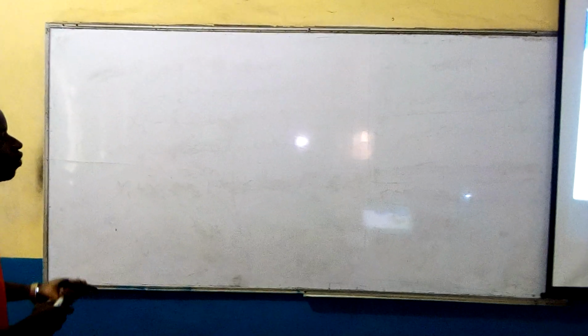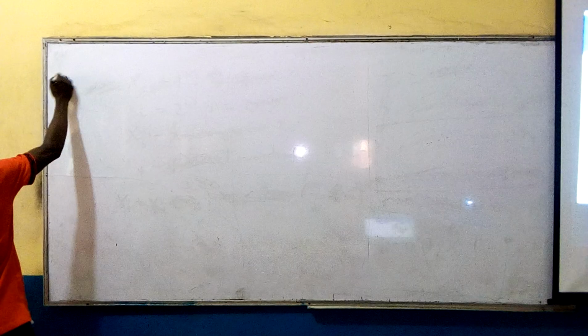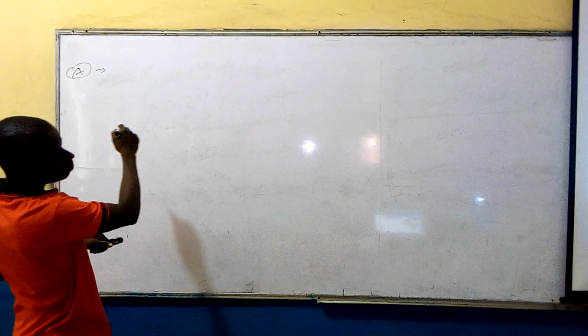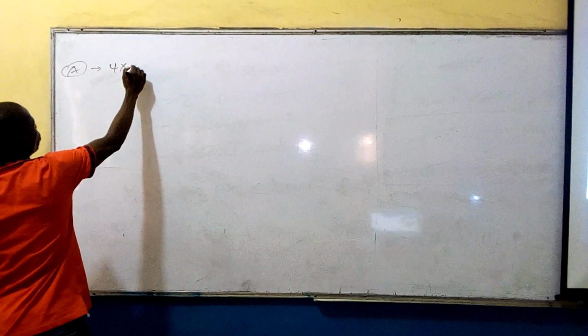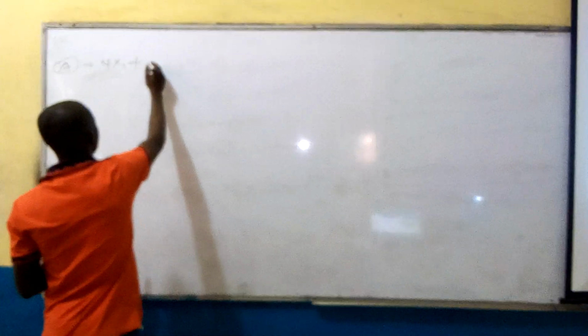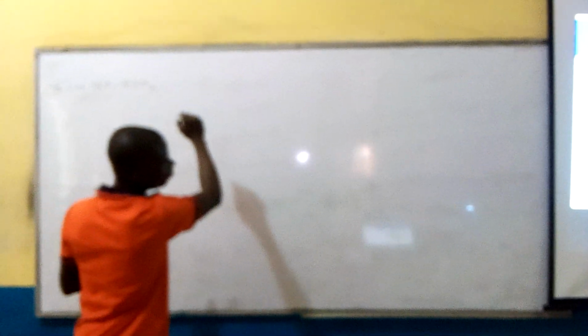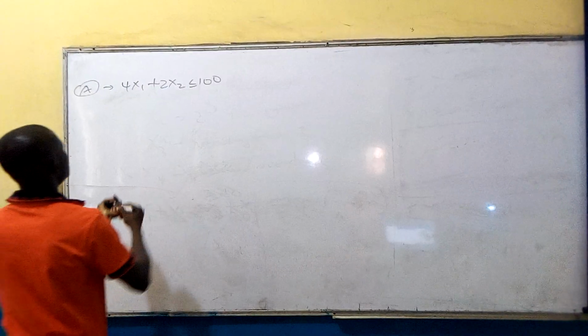And we are told that we plot the constraints. For the first constraint, constraint A, we are given 4x1 plus 2x2 is less than or equal to 100. You can pause and plot this. We just change this and assume that the inequality is an equal sign. So how do you plot this? We can let x1 be 0.